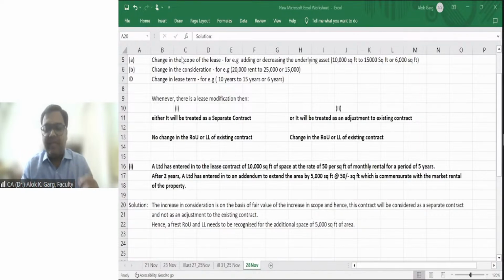And the lessee is paying a rental of 10,000 rupees per month, or let's say 1 lakh rupees per year. Earlier, the lessee was paying the lease rental to one party only because there was one owner of the building. But what happened? This building belongs to a person, and that person has given the ownership of this building to his two sons, right?